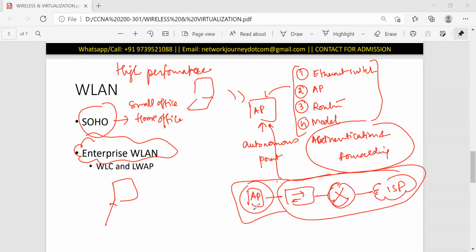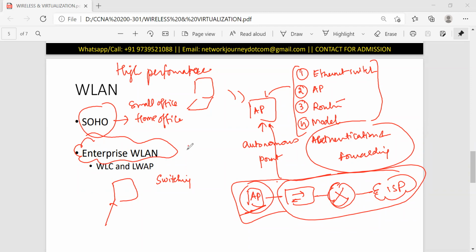And in that case, if the access point is involved in doing all this job, it is going to increase a lot of overhead. Apart from that, your users in this scenario are not static. They are moving around the campus. So as they move, you want switching to happen from one access point to another access point, like the way we use our mobiles, we roam from one place to another and are able to connect to the mobile towers and set up communication smoothly, which we call mobile roaming.